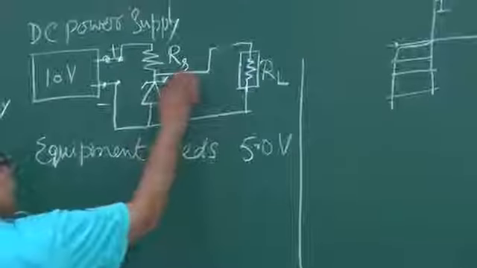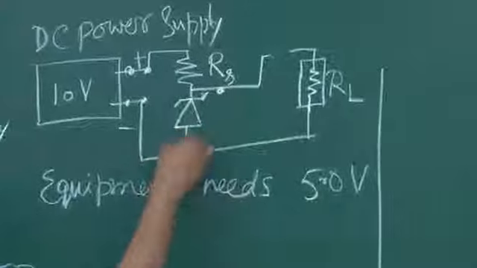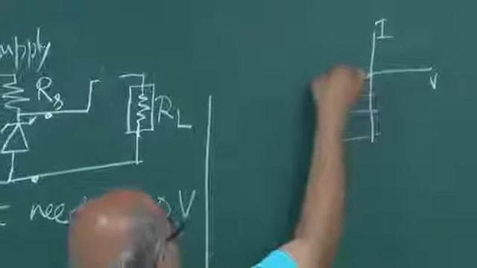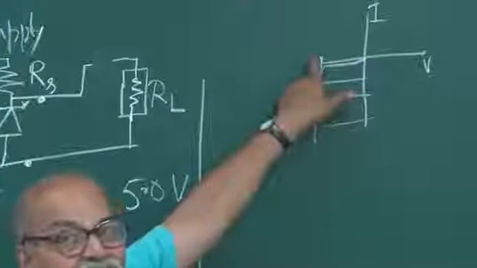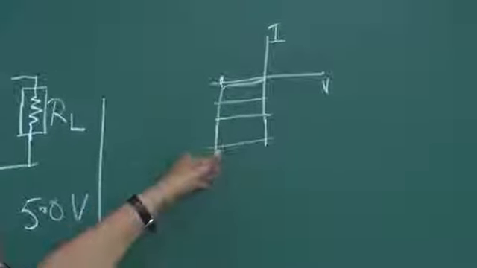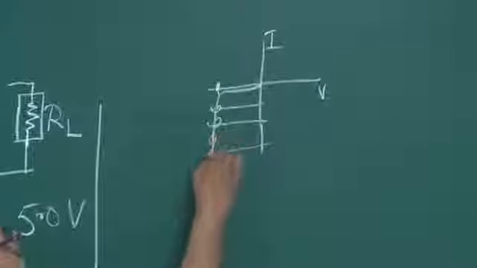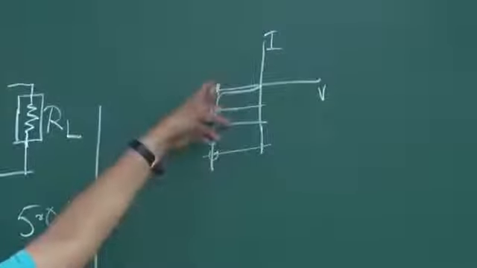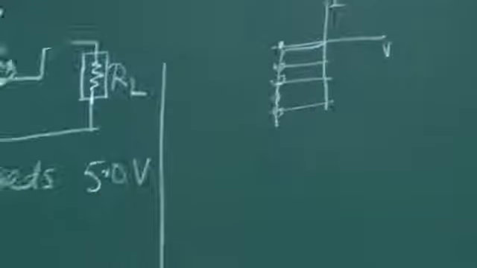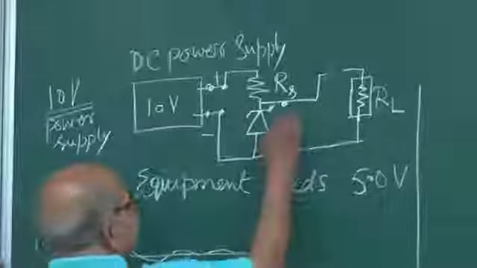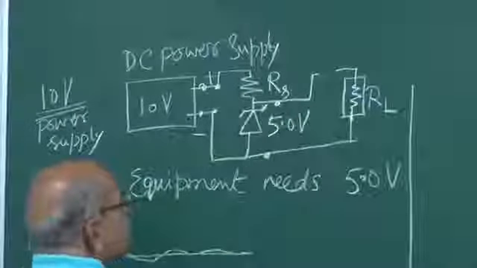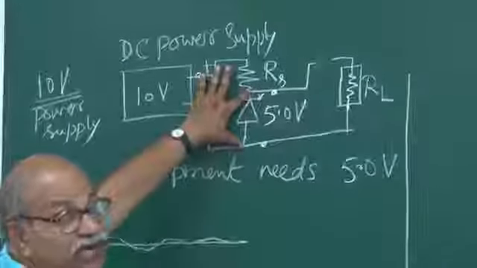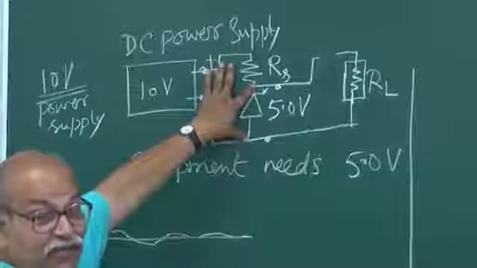And the voltage across this Zener, remember, this is the IV characteristics, when it is operating in this breakdown region, we are operating somewhere here. So the voltage is fixed, and that is the breakdown voltage, 5.0 volt. Whatever be the current, the voltage here is 5.0 volt if you are operating in that breakdown region.